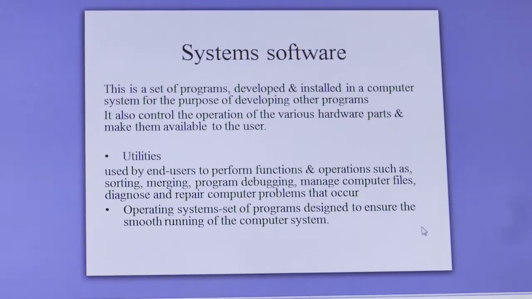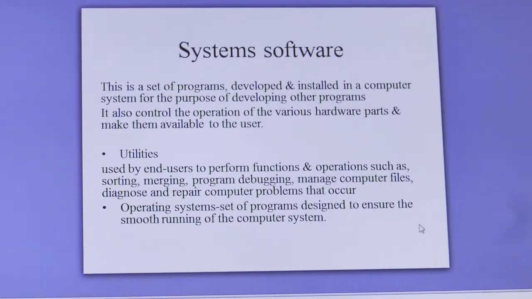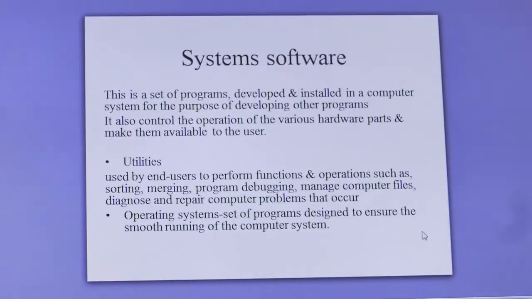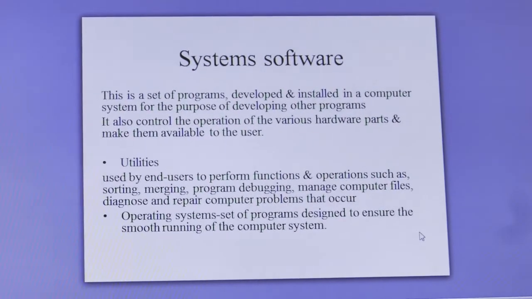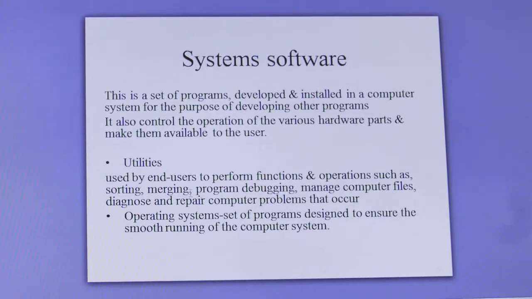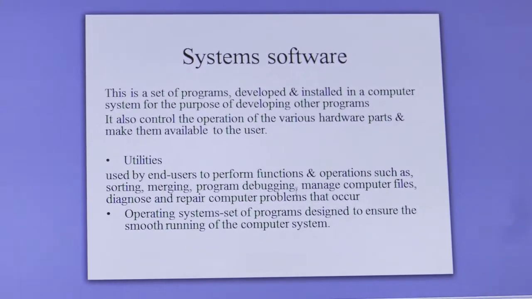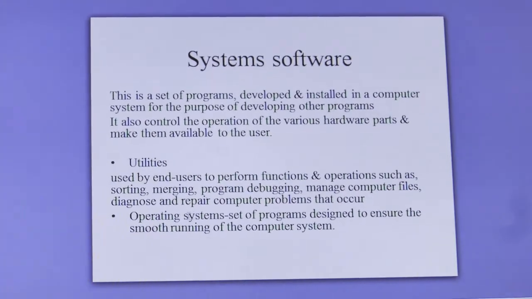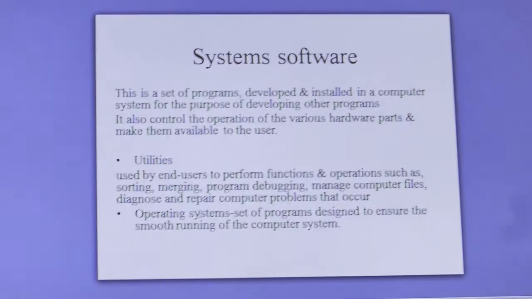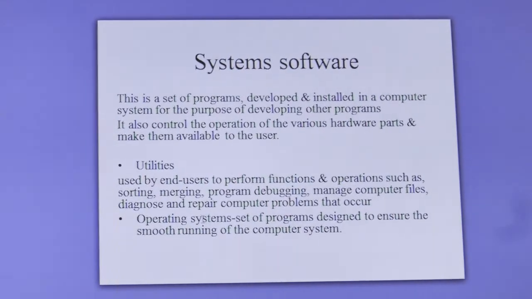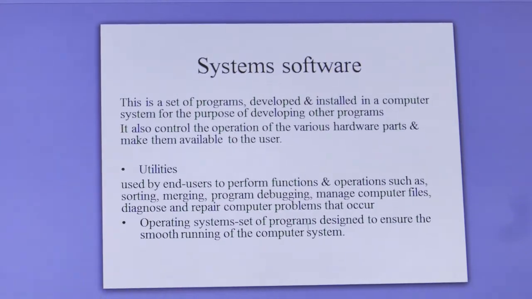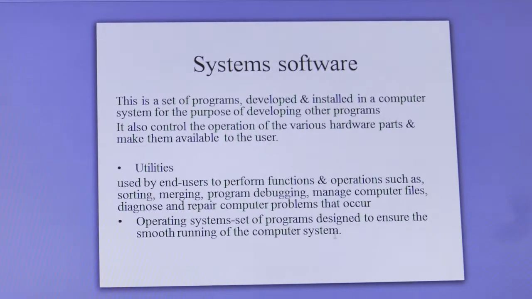It is a set of programs that are installed in a computer for the purpose of developing other programs. We have examples, utilities. These ones are used by end users to perform functions such as sorting data, merging data, debugging, editing, formatting, etc. Then the operating system is also under system software.